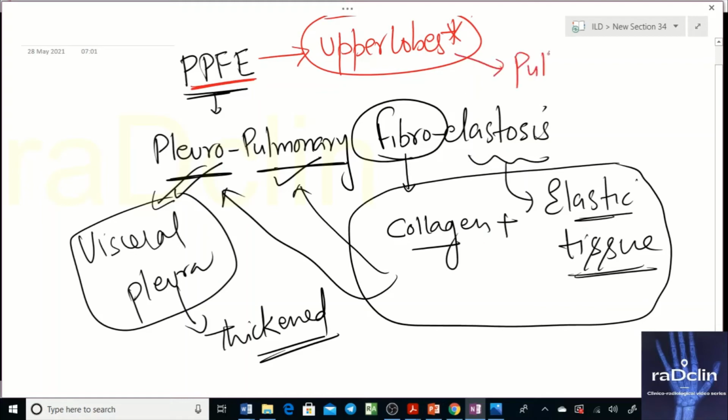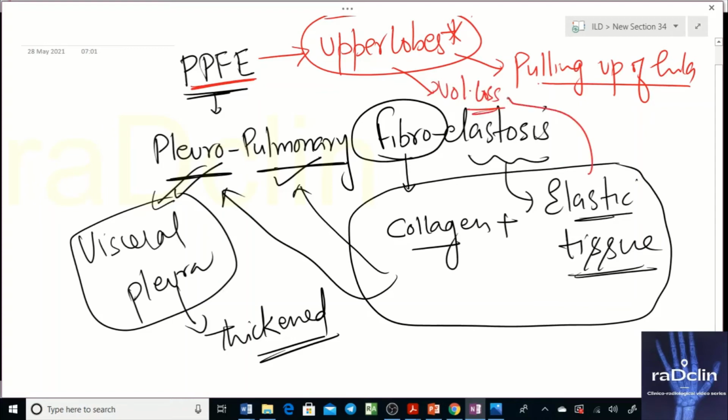Pulling up of the hila. That will happen due to the tethering, because it will lead to volume loss. Due to collagen, volume loss will happen. It will cause pulling of the hila. So typically there is upward hilar retraction and marked pleural thickening. Those will be the features.